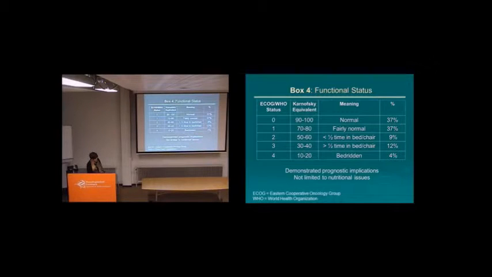And if you see that, most of them, about three-quarters, were normal to fairly normal. But you had a number of people who were either bedridden or spending almost a quarter of them a good amount of their time in bed or chair.